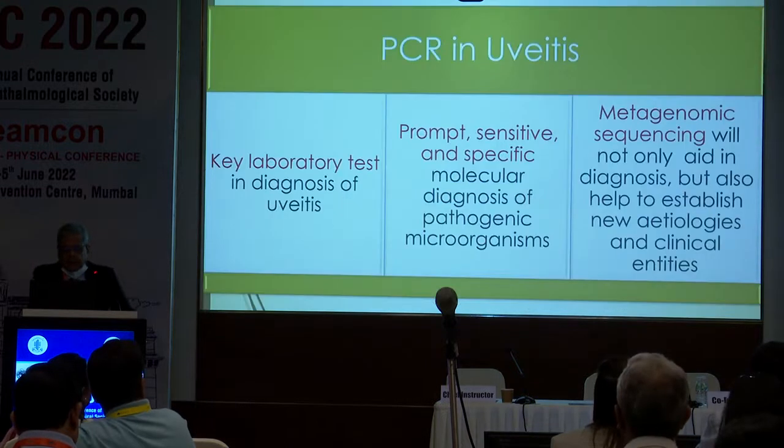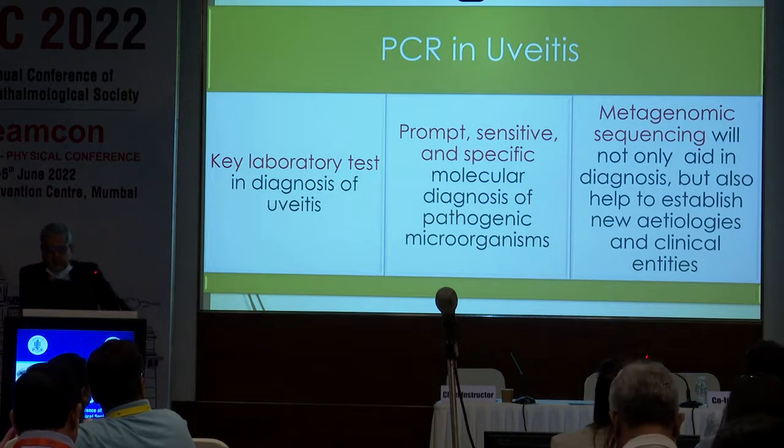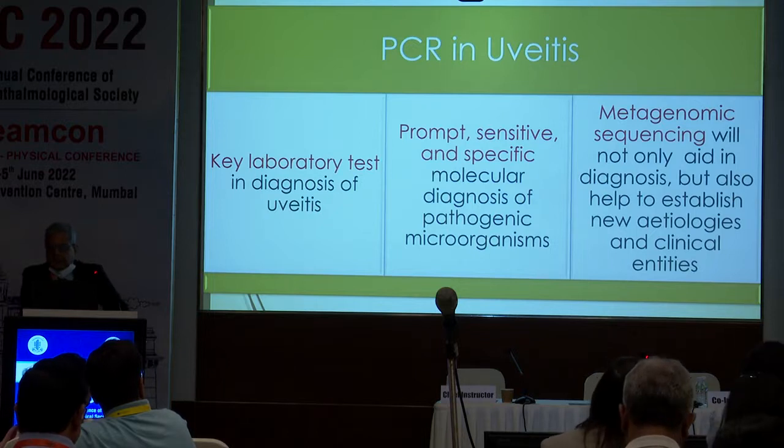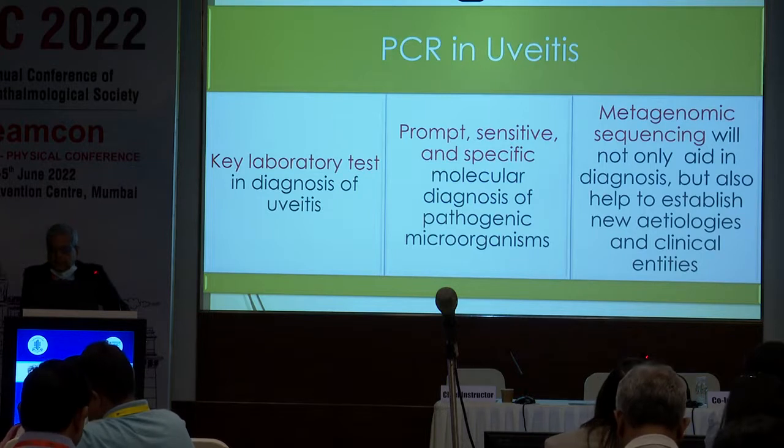So PCR is a key laboratory test in uveitis, giving prompt, sensitive and specific molecular diagnosis of pathogenic microorganisms. Metagenomic sequencing will not only aid in diagnosis, but also help establish new etiologies and clinical entities.